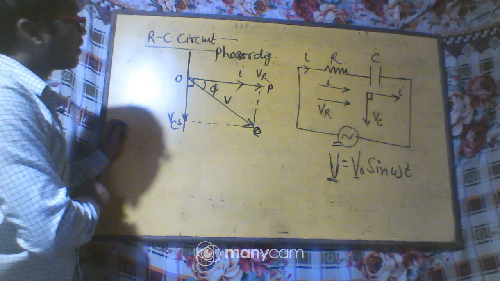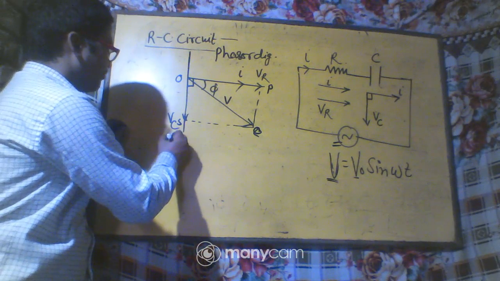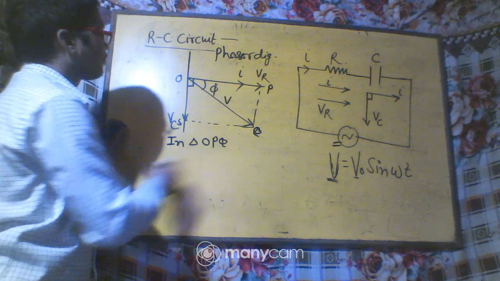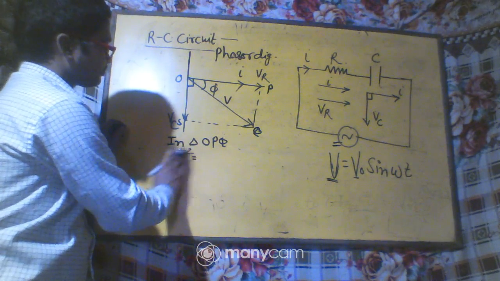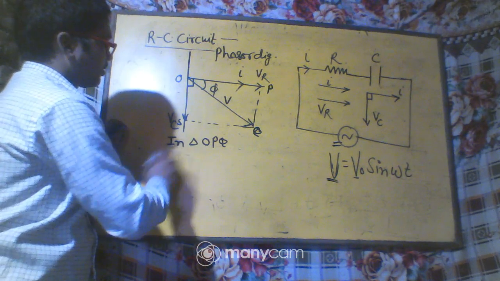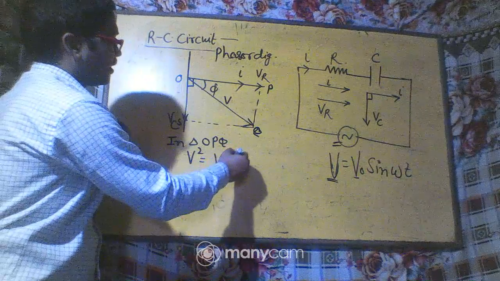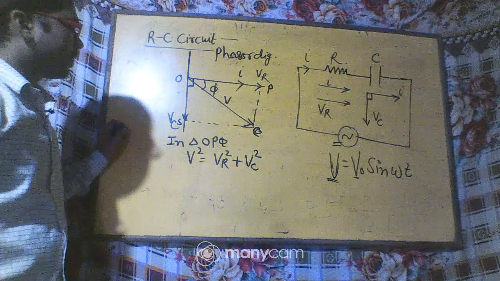If we take the triangle OPQ, we can write in triangle OPQ, V square is equal to VR square plus VC square.